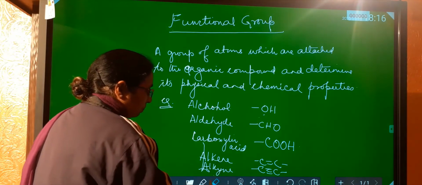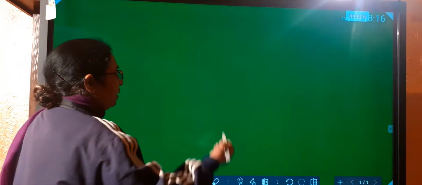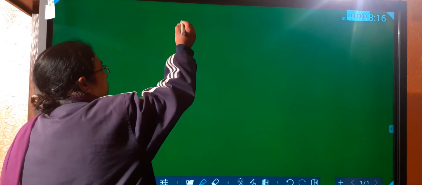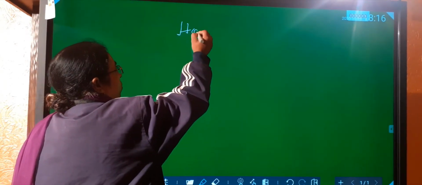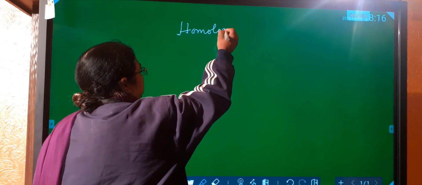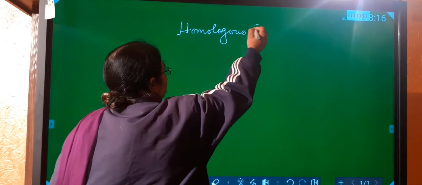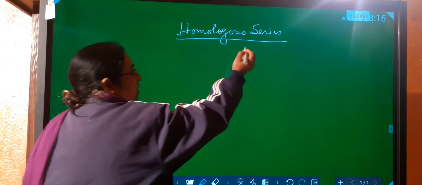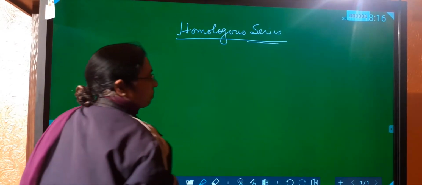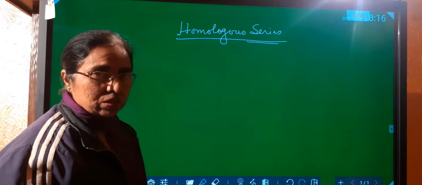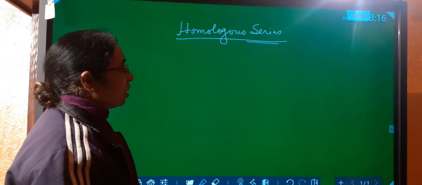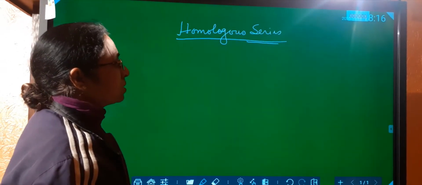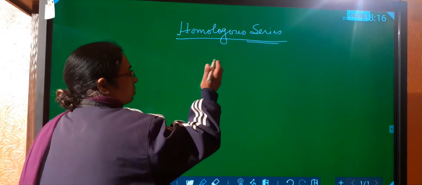Now let us come to another term which we call homologous series. As the name implies, this is a series of compounds. Now, what is homologous?